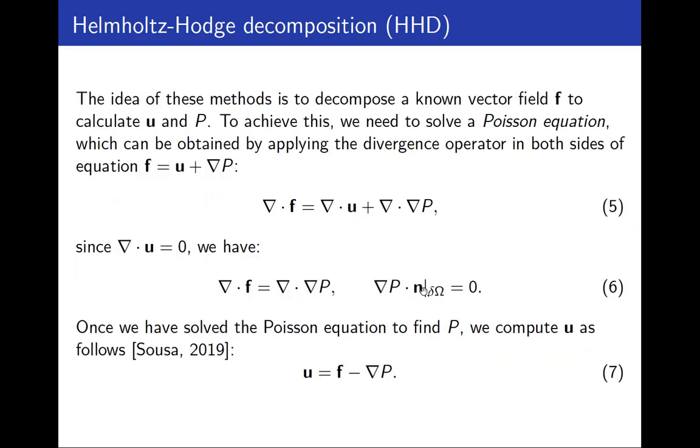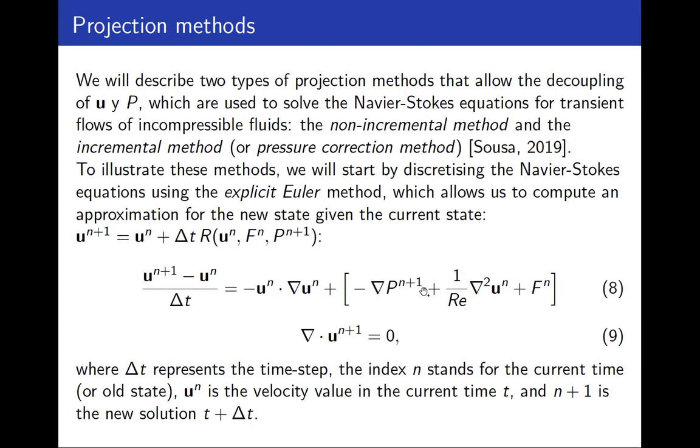These ideas will be used to explain the projection methods. We will describe two types of projection methods that will allow the decoupling of U and P. Remember, one of the main challenges of solving the Navier-Stokes equations is that there is a strong coupling between velocity and pressure.